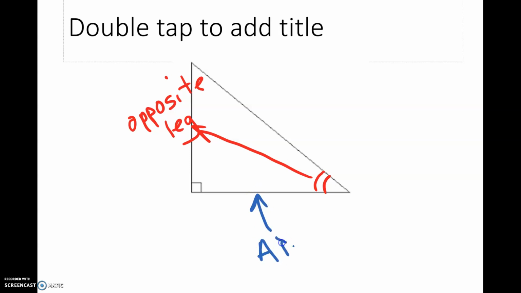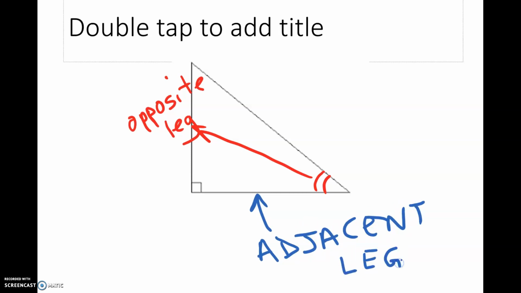And so that is the adjacent leg. And then, of course, this other one is the hypotenuse. That's the one always across from the right angle. That's the hypotenuse.